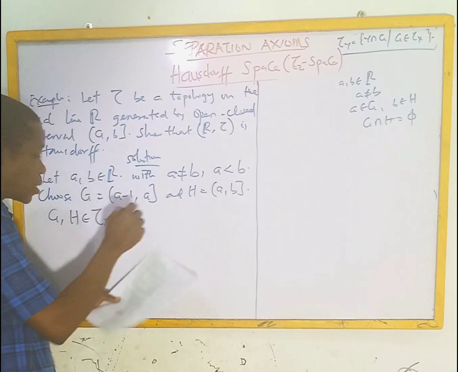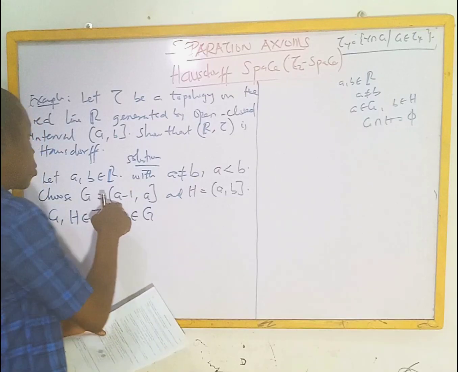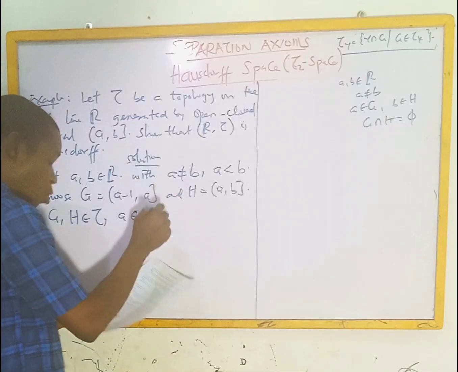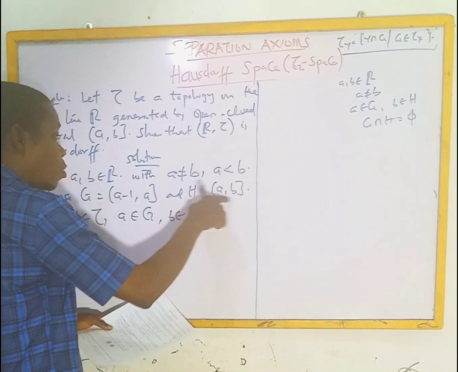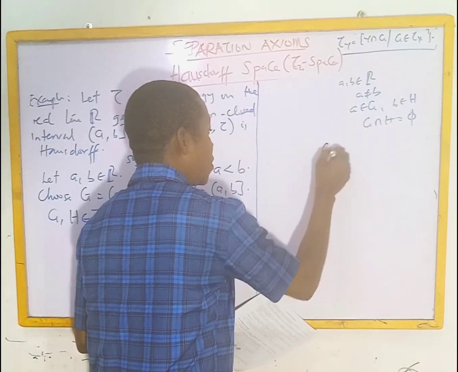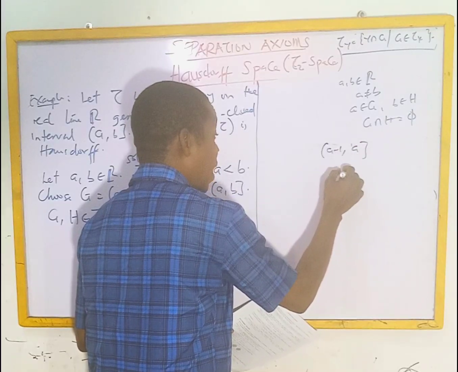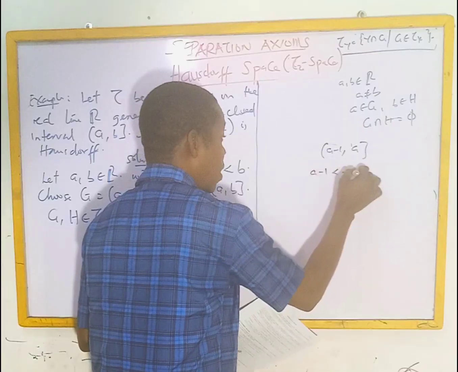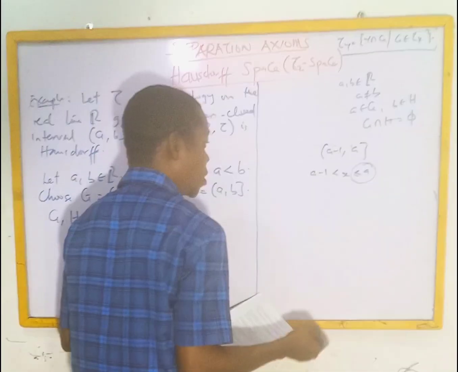Now, which shows that my A is in G. Can you see that? Open, closed. This is my B there. That shows that my A is here. Look at it. Then B is also in which? In H. You can see that now. There's a way you can also write it by A minus 1, I mean, let's say A minus 1 comma A. That's what you can write as, let's say you pick an X which is less than A minus 1, less than or equal to A. Okay, we are now picking the extra part of this one.